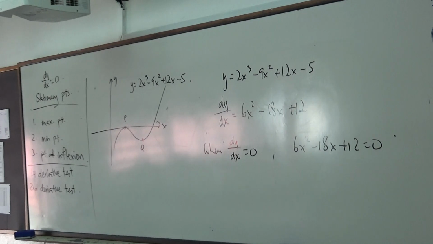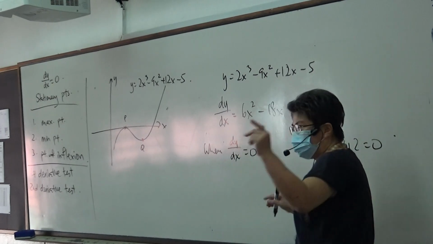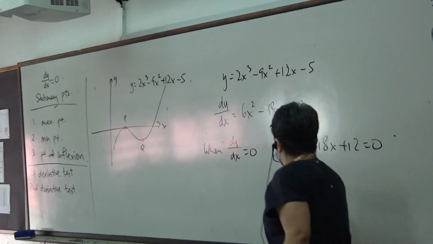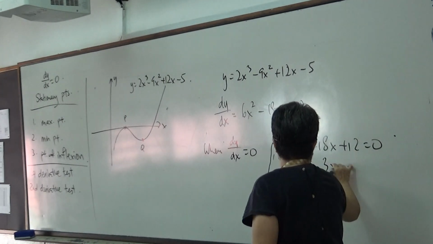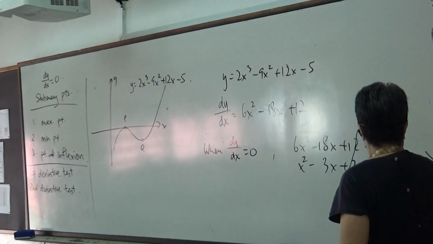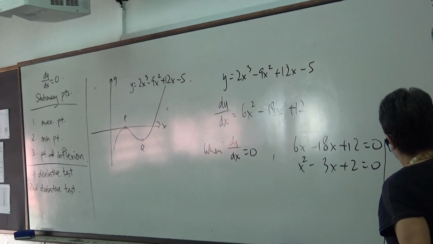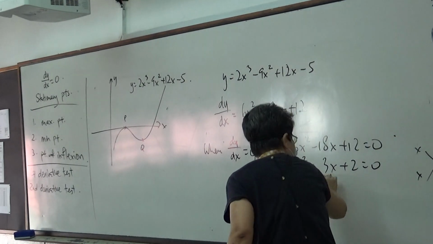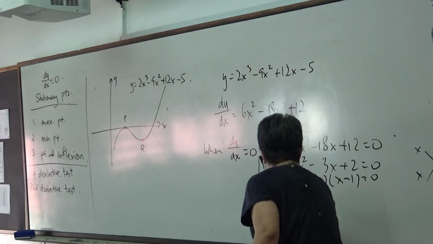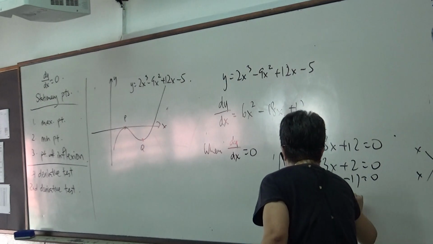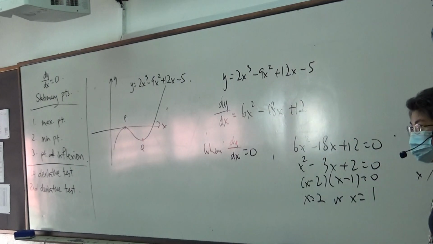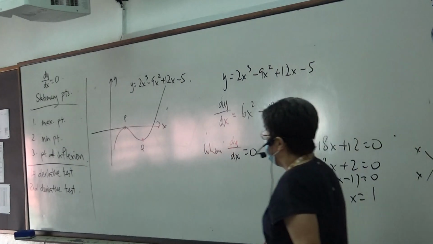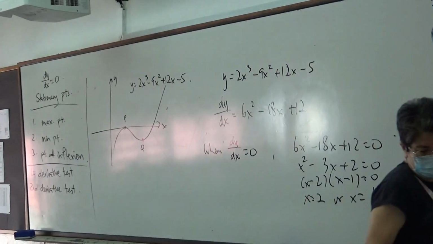Now, can you see I can divide throughout by 6? So x squared minus 3x plus 2 equals 0, right? Now, I use cross method. I will have (x minus 2)(x minus 1) equals 0, x equals 2 or x equals 1, right? What did the question say? Look at the question again.